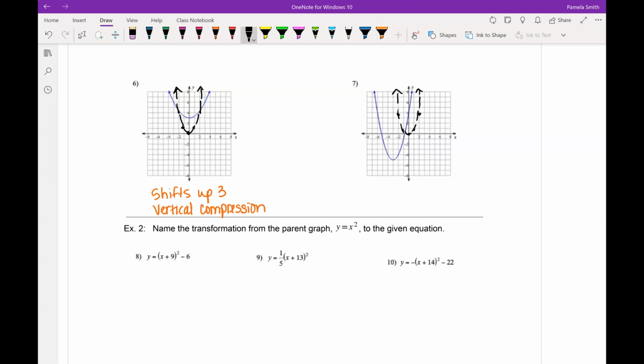All right, so on number 7, I've drawn in the parent function. So what are the transformations that have happened here? So it's shifted down 5.